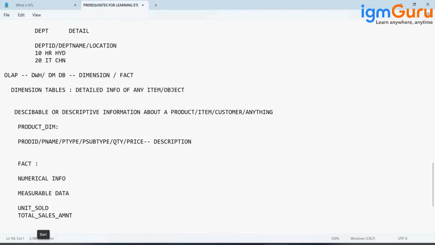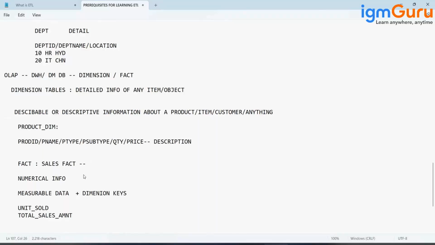Along with these measures, measurable data, it will hold dimension keys. So take the sales fact table, for example. What does this sales fact table hold? It holds two different kinds of information.